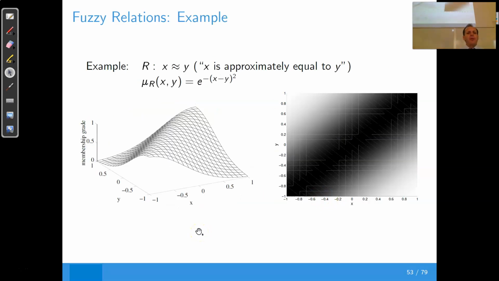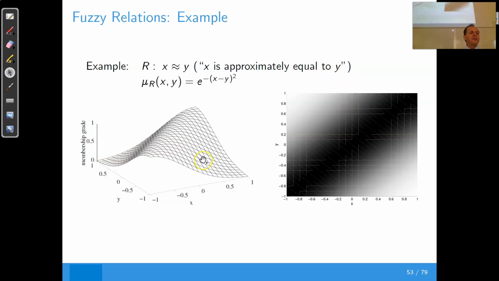And for example, to me it is very clear because we can define this relation. It is also quite intuitive if you think of the concept x is approximately equal to y.